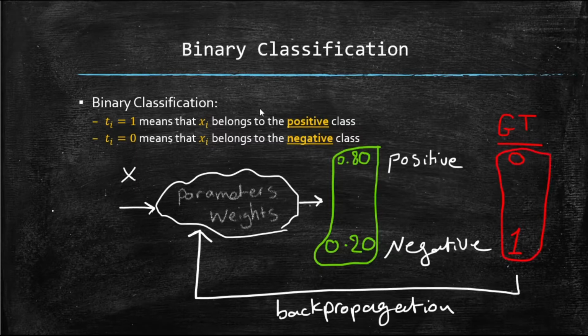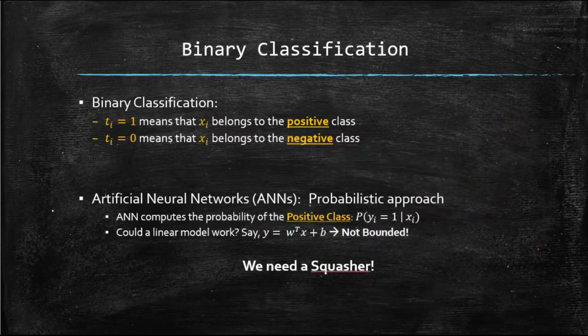An error function takes these two vectors and measures the difference. Based on these differences, it gives feedback through backpropagation to the neural network, and the network adapts its weights or parameters so that it does a better job the next time. So that is the whole story of learning in all its glory in a neural network.